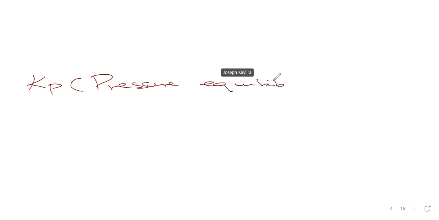I talked of Kp. Kp is what we call the pressure equilibrium constant. Equilibrium constant expressed in terms of pressure. And this one is written for reactions involving gases.